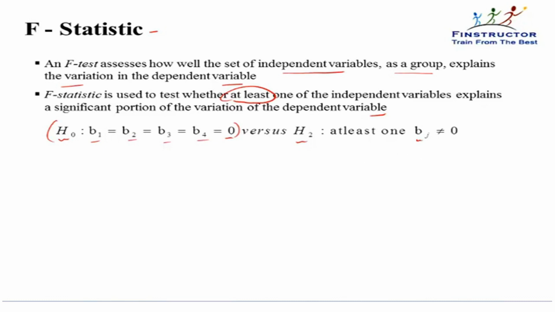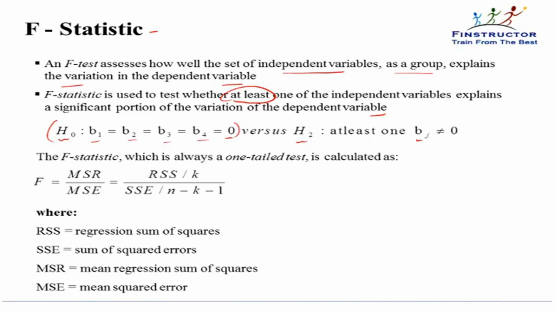The F distribution is again a positively skewed distribution, and the F test is a one-tailed test, and the F statistic is calculated as the mean squared regression upon the mean squared error. Please recall from the discussion of linear regression that the mean square regression is nothing but the regression sum of squares upon the number of independent variables.